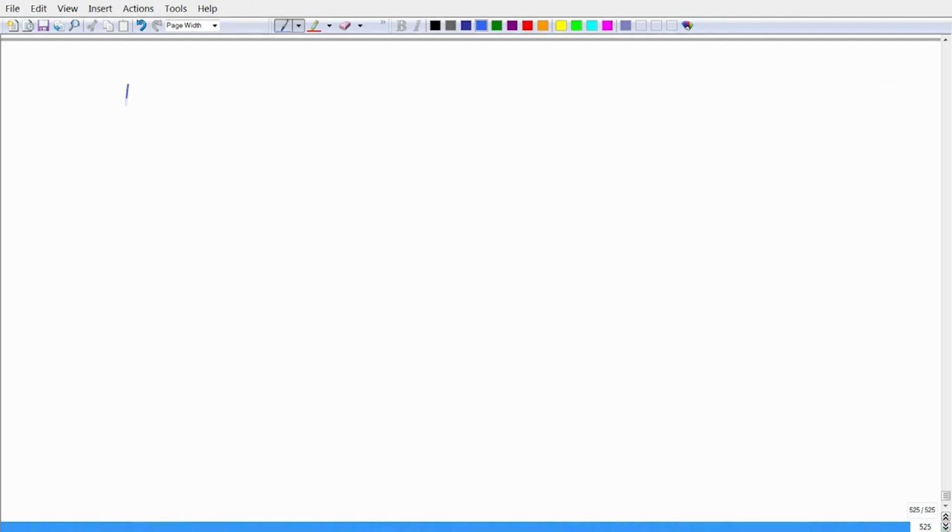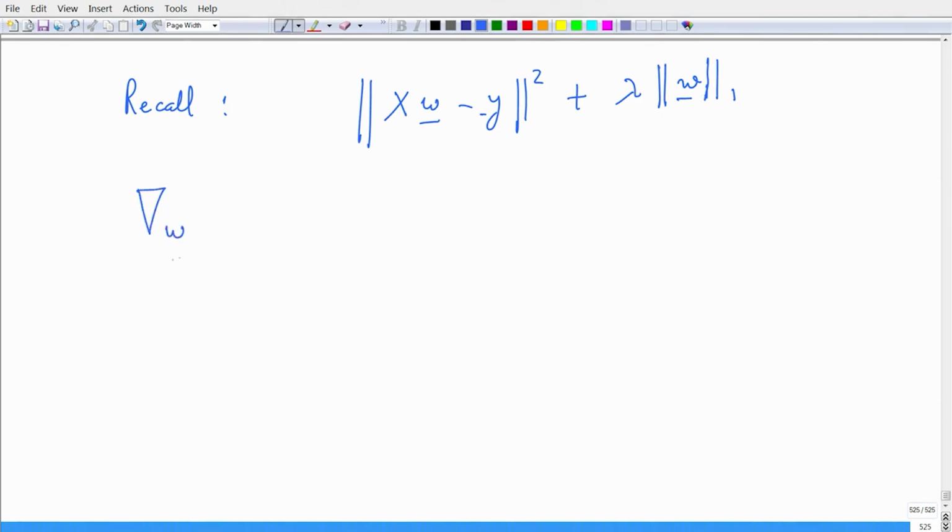So recall that we were looking into this constraint, the norm squared of x w minus y, subject to the L1 constraints on the weight. So if we take the gradient with respect to the weight using straightforward matrix calculus, we get it to be as follows.